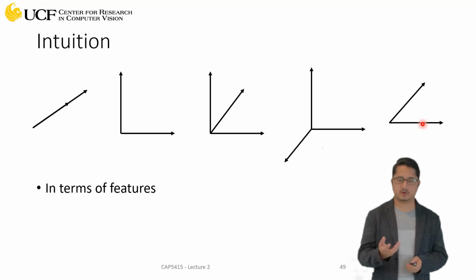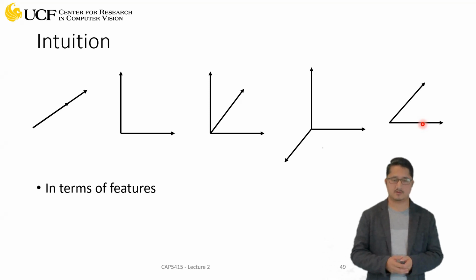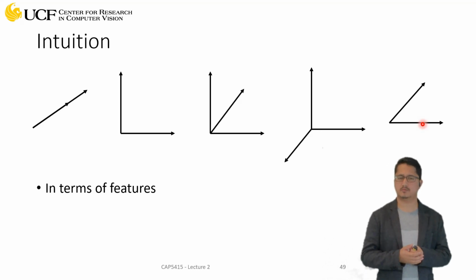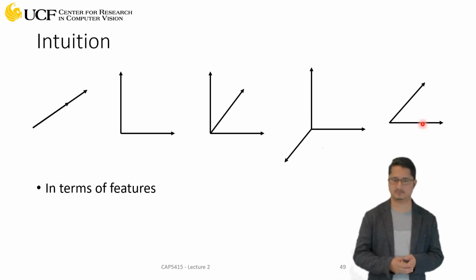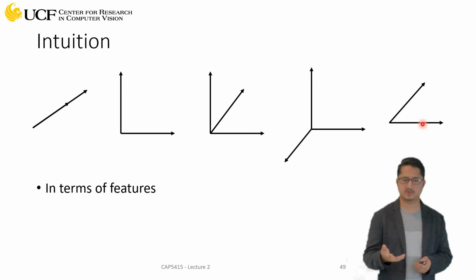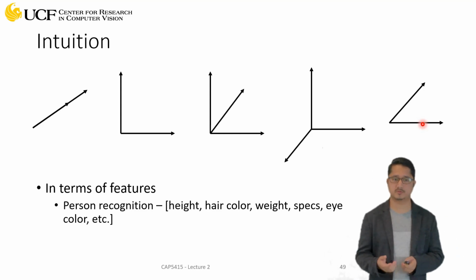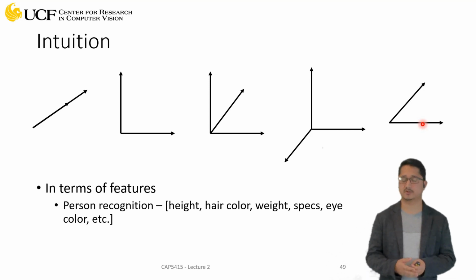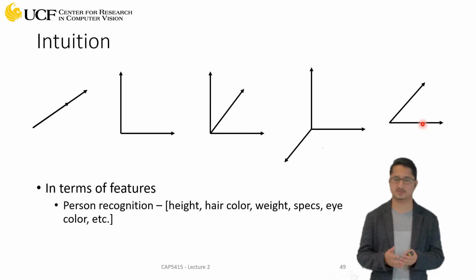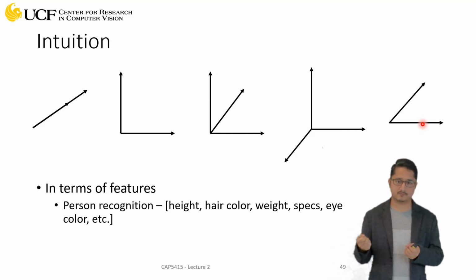Those are toy examples, but let's see what the real world interpretation of this is. For example, if you have to perform person identification in biometrics, then for each individual you might have a different set of features. It could be facial features, the height of the person, hair color, weight of the person. Some of these features will be linearly independent, which means that one feature doesn't affect the other.